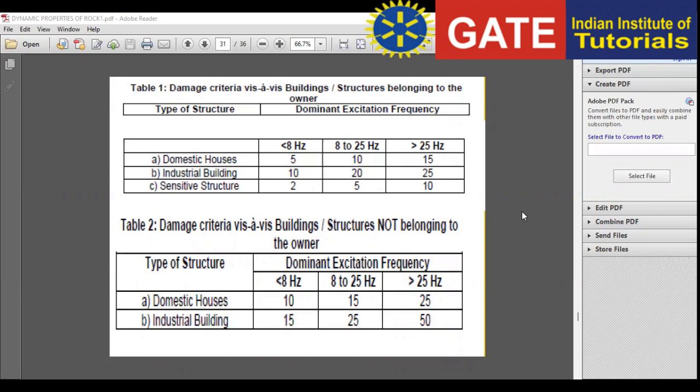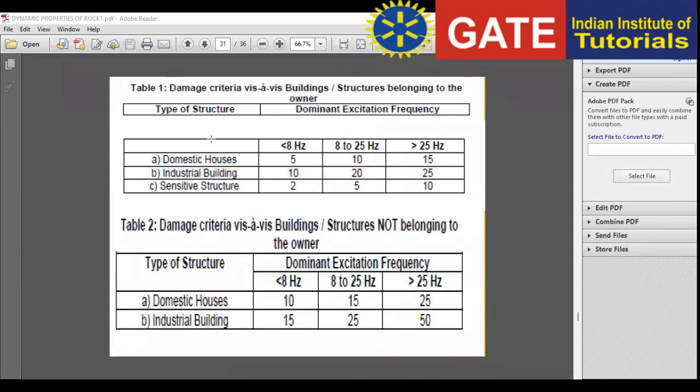Yes, resonance frequency. That is basically impedance matching, which depends on the density and the velocity of detonation. When the impedance matches, maximum transfer of energy from one body to another takes place.